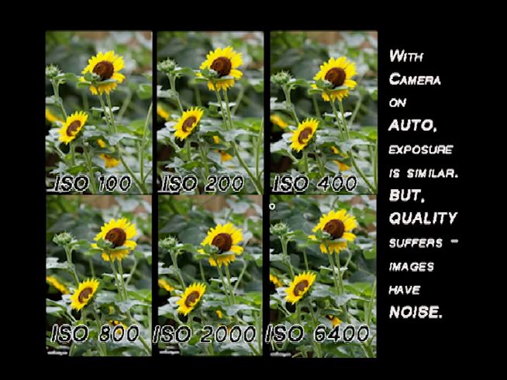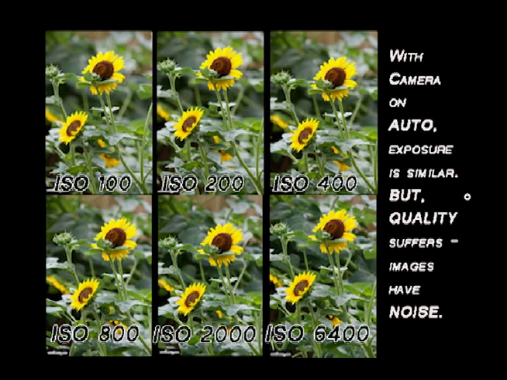Here is a similar scene of the sunflowers. And you'll note that I moved the camera to auto exposure and changed the ISO setting, same settings from 100, 200, 400, 800, 2000, and 6400. You'll notice that the exposure is similar because the camera was set on auto.